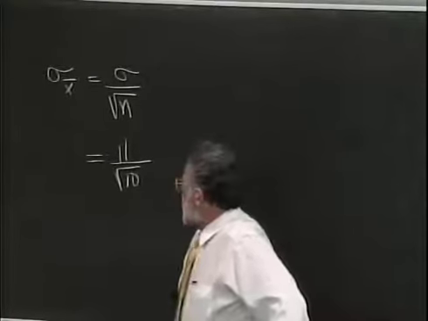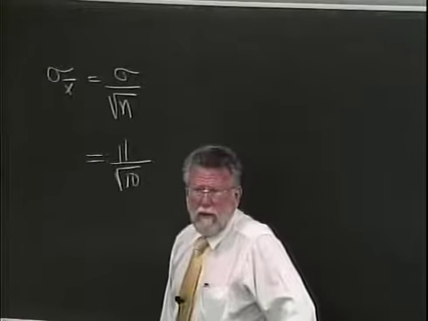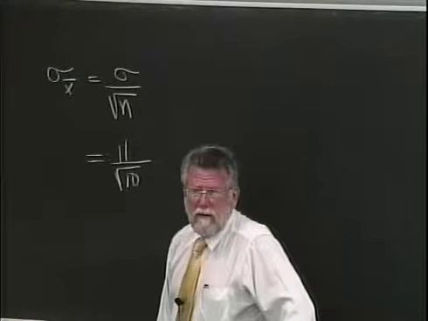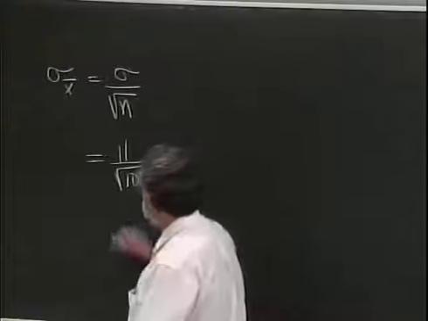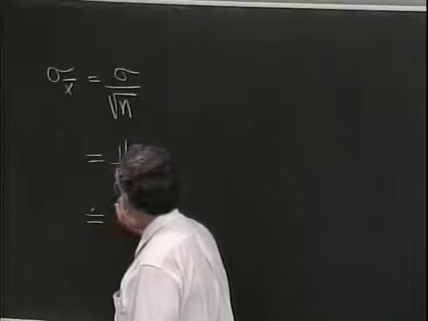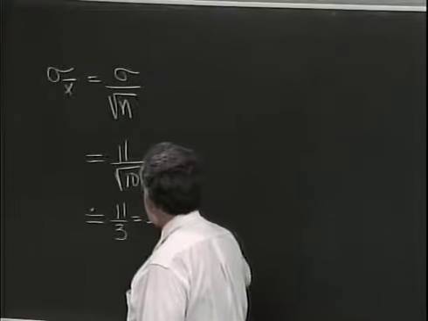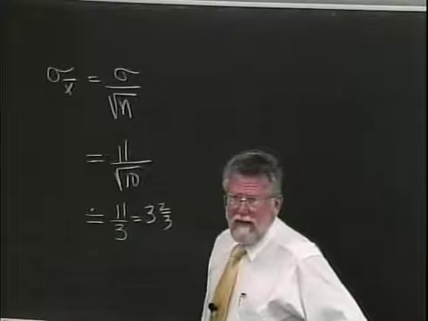So if I look at that, then I would have 11 over 3, which is roughly 4. Well, okay, you could say roughly 4, 3 and 2/3. So this is roughly 11 over 3, just rounding off, and that's 3 and 2/3 for the standard deviation of the sample means.